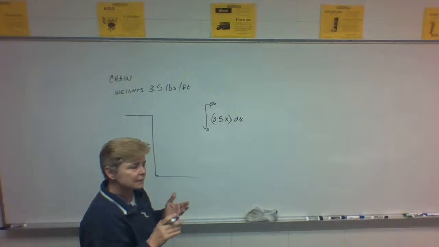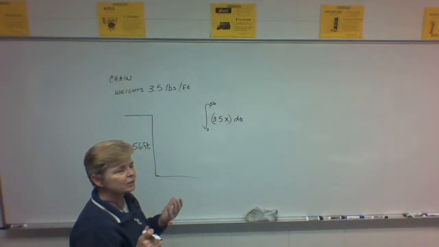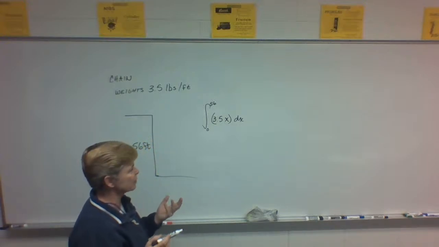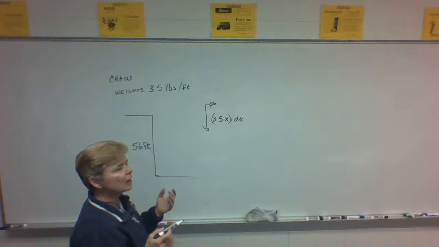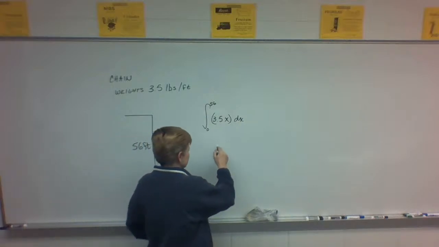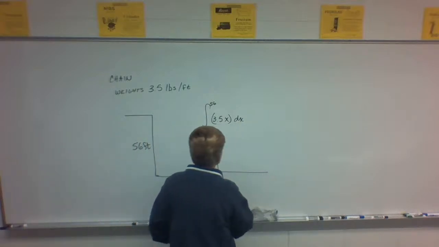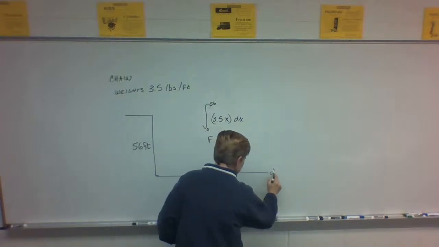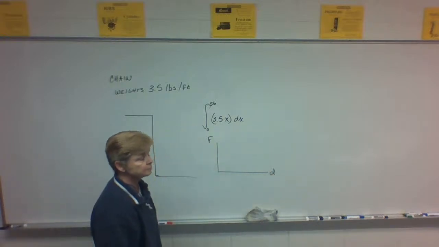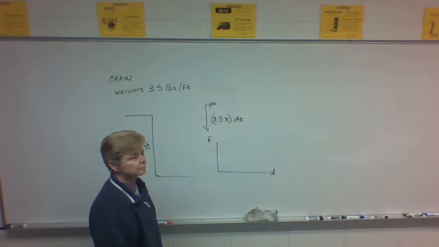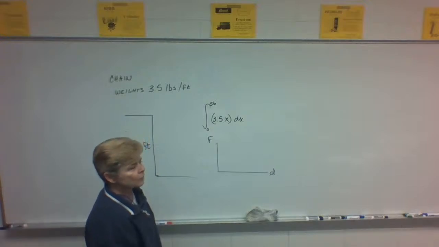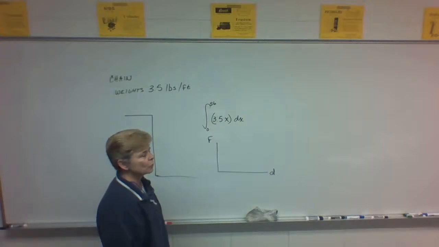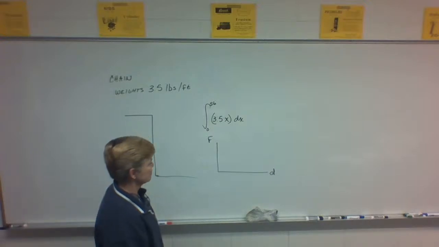Now, can you draw a picture? This is what eases most people's minds because you're familiar with this. Can you draw a graph of force times distance? That would mean that the weight is heavy when you have not lifted anything.